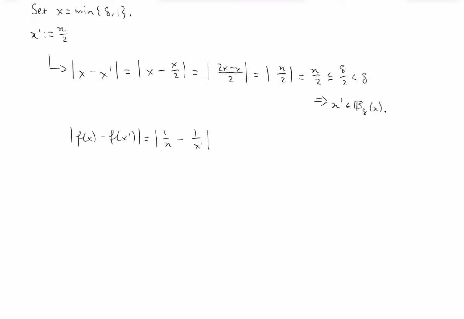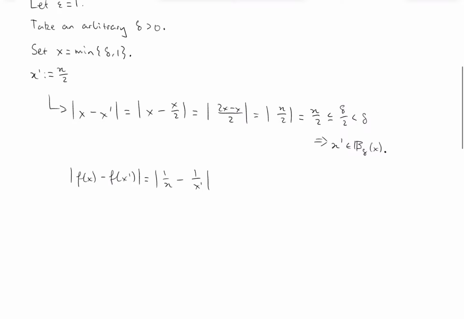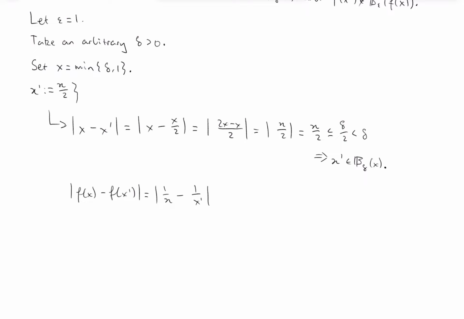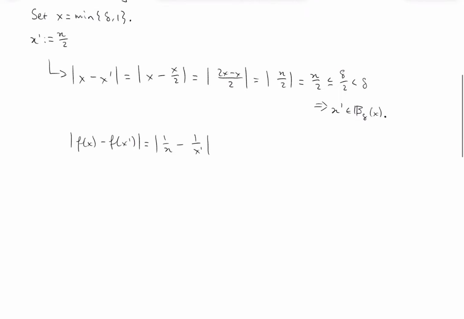Okay, and since x prime is x over 2, we want to get this in terms of x, so it would be 1 over x minus 2 over x. Okay, let's simplify this a bit.